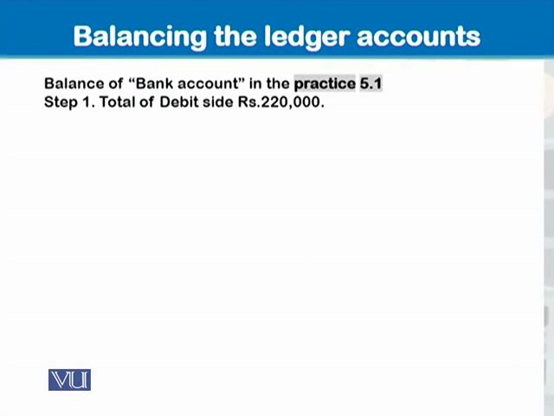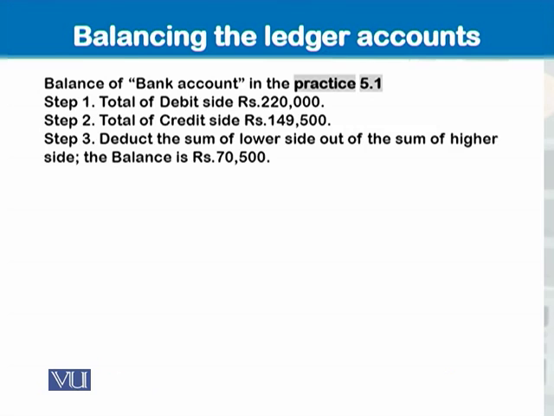And this is the bank account that in fact we prepared in our previous practice question, where if you see, the debit side was giving us 220,000 and the credit side was giving us a total of 149,500.